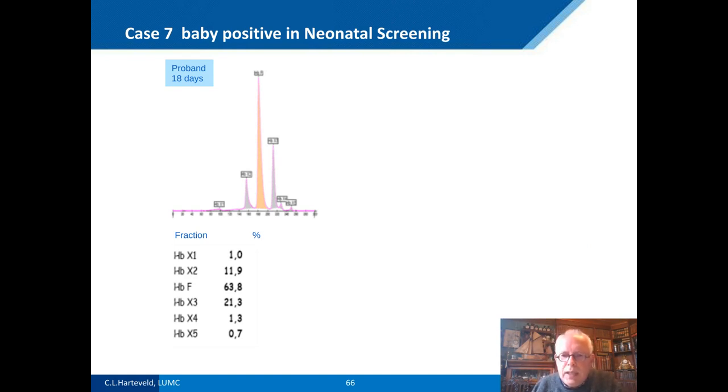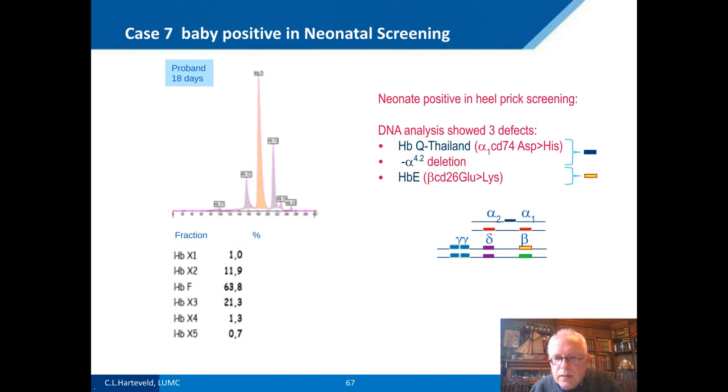We found this baby in the neonatal screening in collaboration with Amphia Hospital in Breda in the Netherlands, and this is a strange pattern. This baby was 18 days old when it was presented, and we did DNA analysis, and there appeared to be 3 defects.